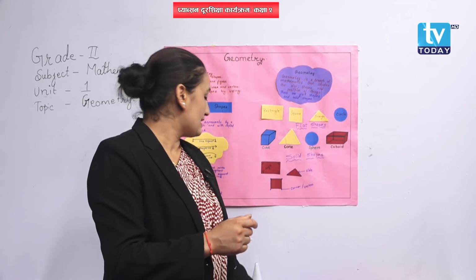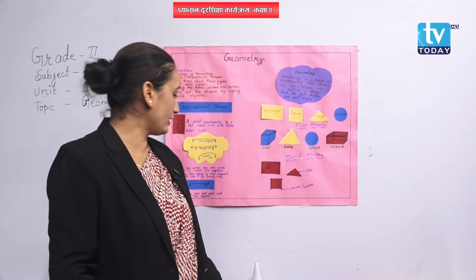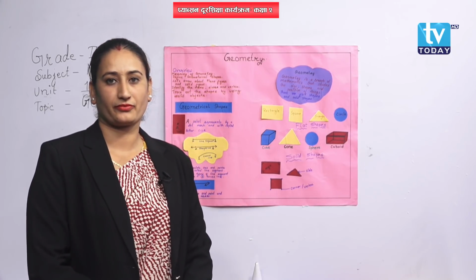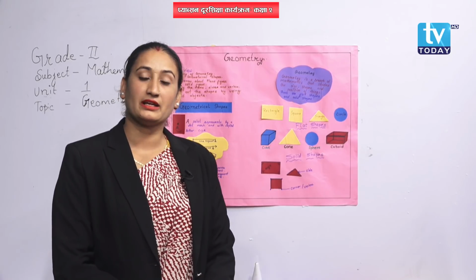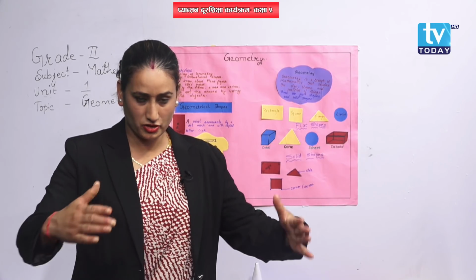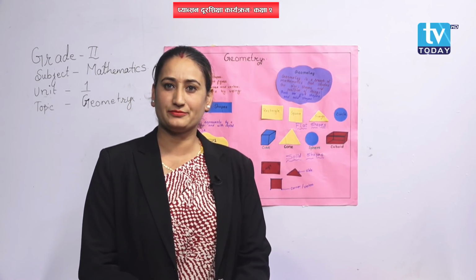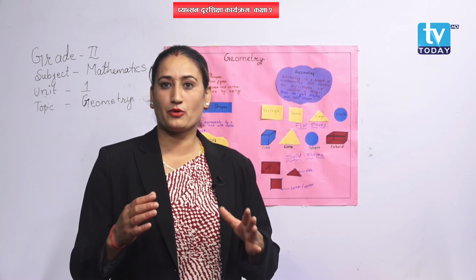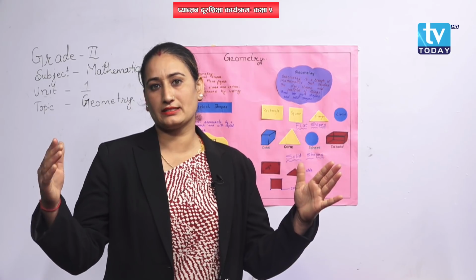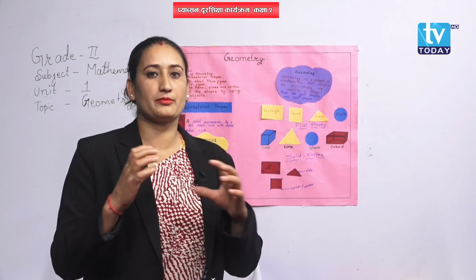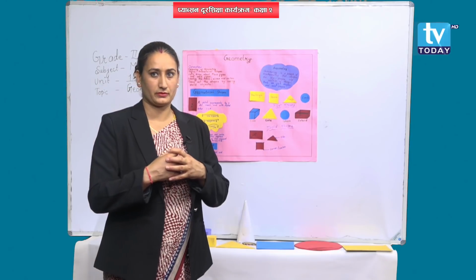Now next, same like this, we are going to learn solid shapes. Do you know the solid shape? Of course, there are some carton boxes in the shop. Have you seen those carton boxes? Some are big in size, some are small in size, right? Okay, if the box comes square in shape, you know, right?